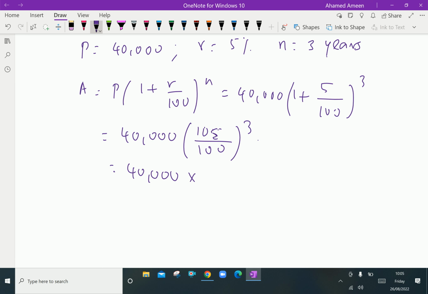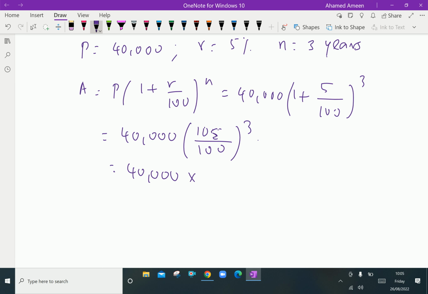You can calculate this first using a calculator.